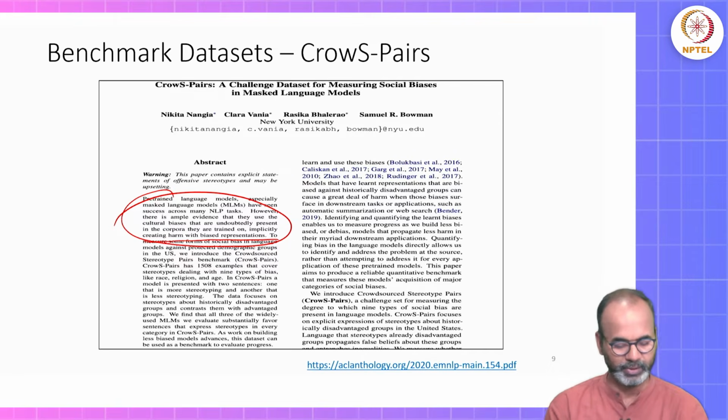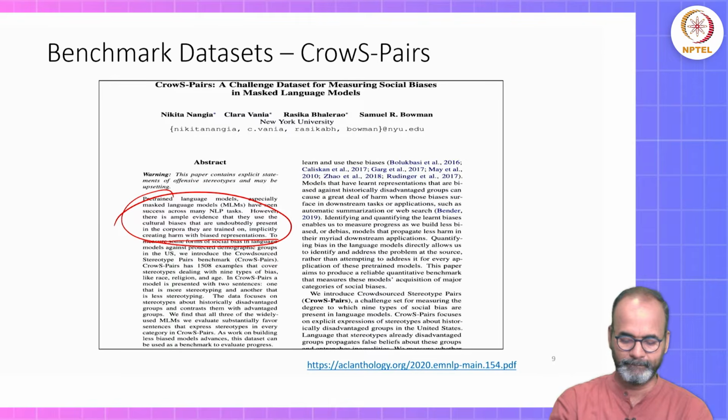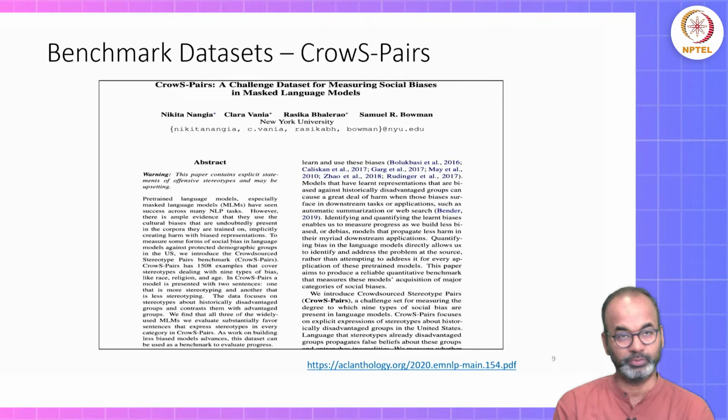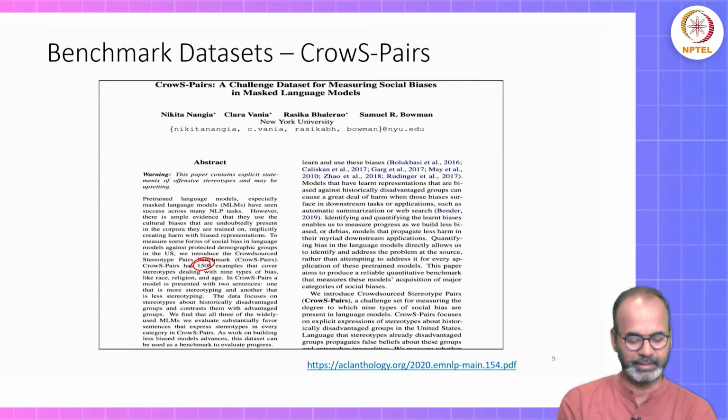So in this case, what they did was to measure some forms of social bias in language models against protected demographic groups in the US. We introduced the crowdsourced stereotype pairs benchmark, CrowS-Pairs. CrowS-Pairs has 1,508 examples that cover stereotypes dealing with 9 types of biases like race, religion, age.